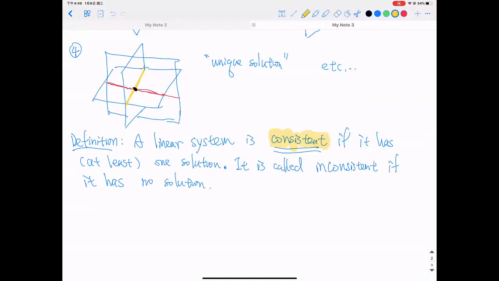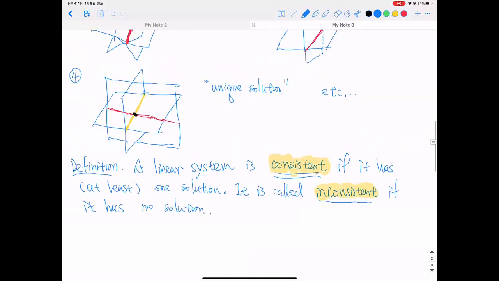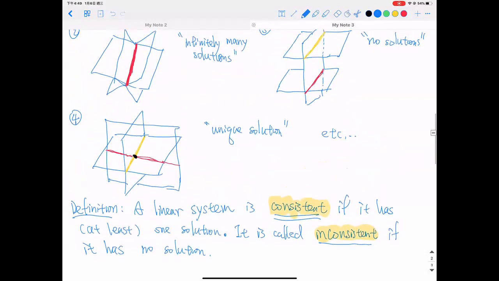Okay, so it's consistent or inconsistent. Obviously it's either one way or the other. For example, over here in this situation where three planes intersect at a unique point, this is consistent.